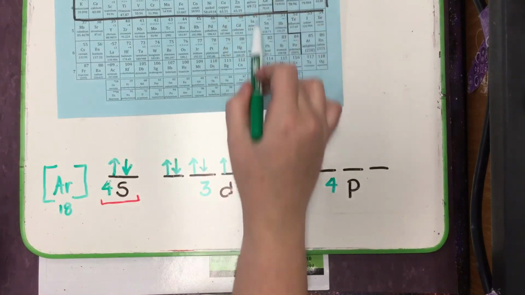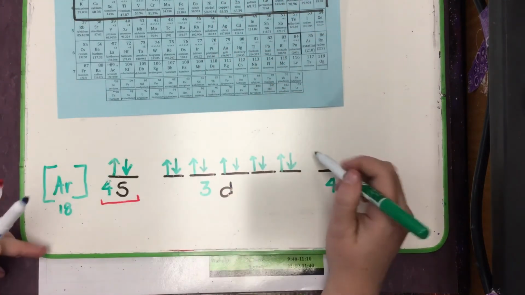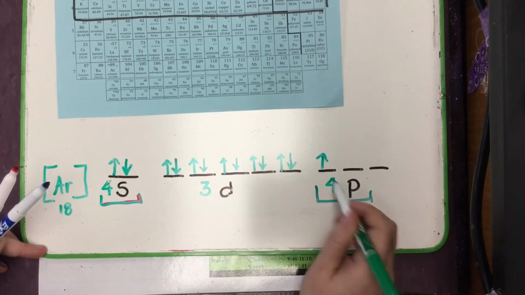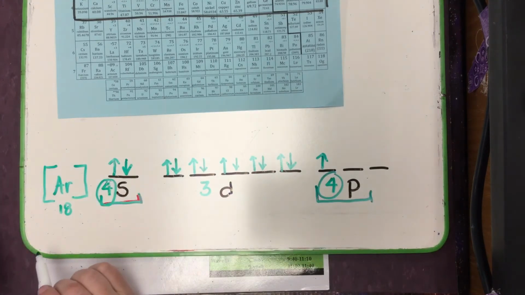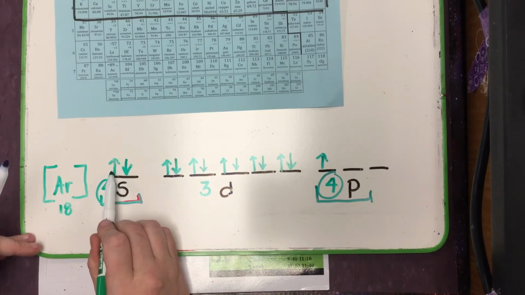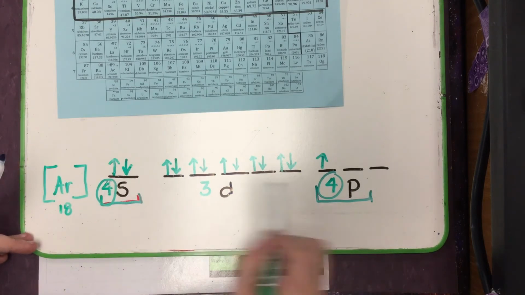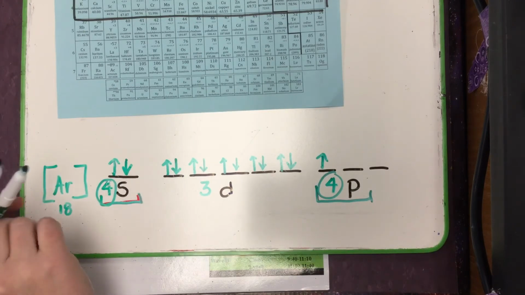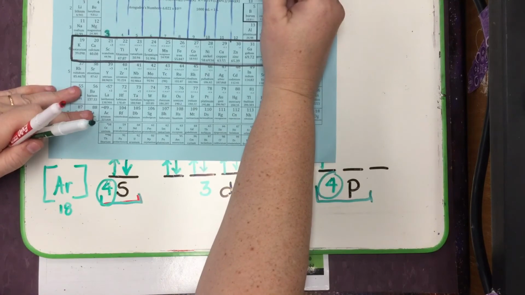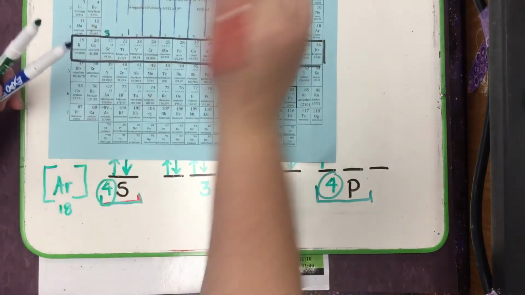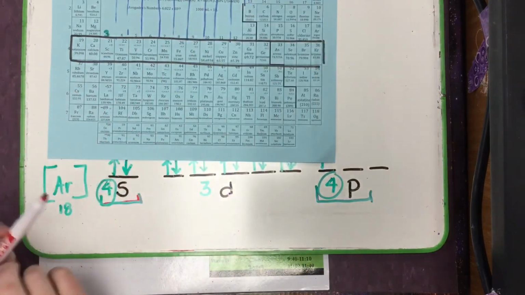Once I get to group 13, now I'm finally adding things in again to the biggest number because the 4 was our biggest number. So now I have a total of 1, 2, 3 valence electrons. And if I look in group 13, there's one arrow that doesn't have a partner. So here we would have 3 valence electrons and 1 unpaired.